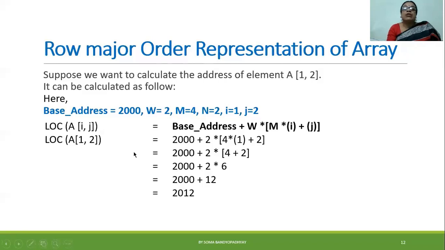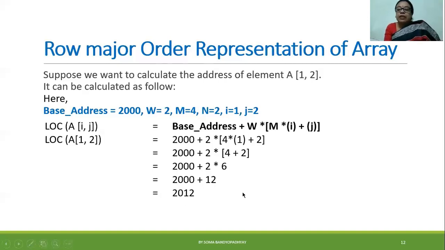If we calculate by using this formula, we get the result 2012. That means the address of the element A12 is 2012. That means this element is stored in location 2012.